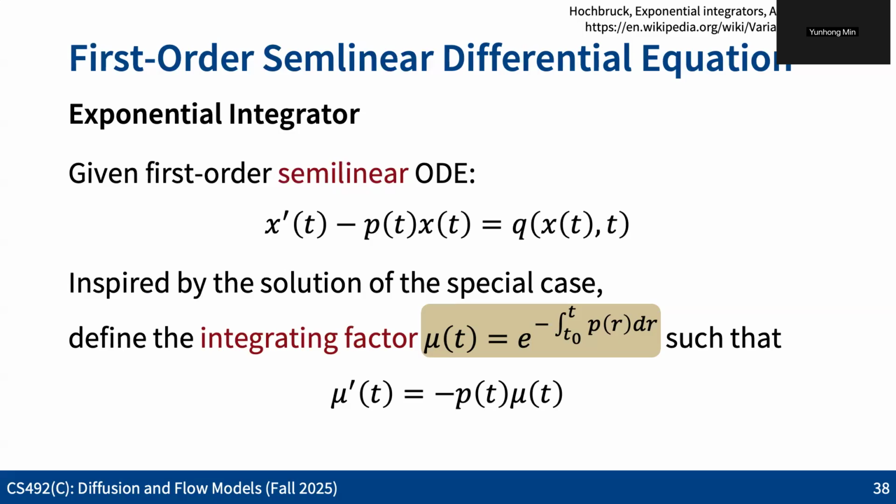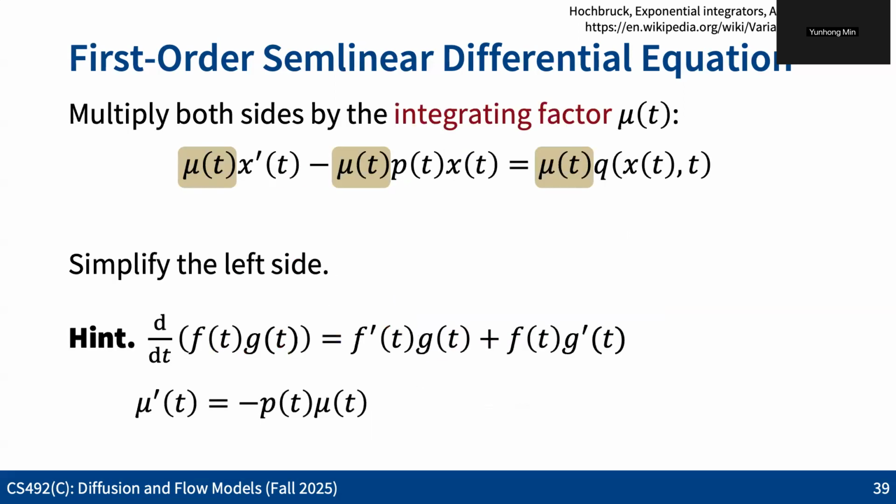The reason why we introduce this integrating factor is that once we define the mu function, we simply multiply both sides by it, having the mu term here and the mu term here.